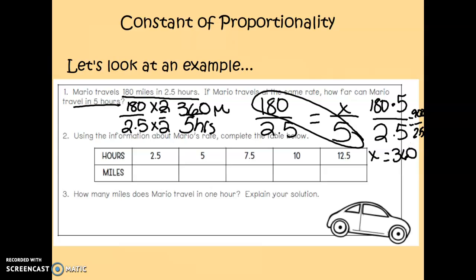Now we're going to fill in the table. In 2.5 hours, he has traveled 180 miles. That's given to us in the problem. In 5 hours, we just found he had traveled 360. When we're looking at the table, you see how it's increasing by 2.5 each time, which means all I have to do is keep adding 180 to the number before it to get my next number.